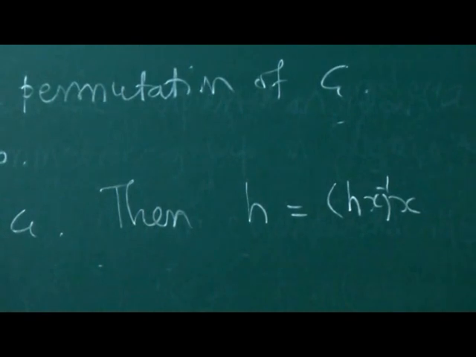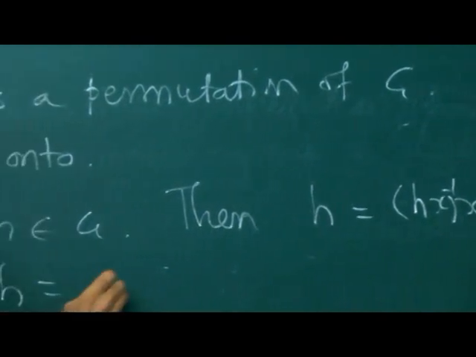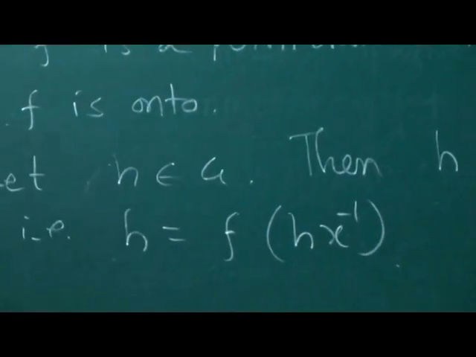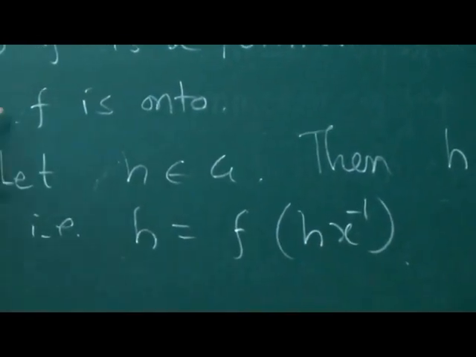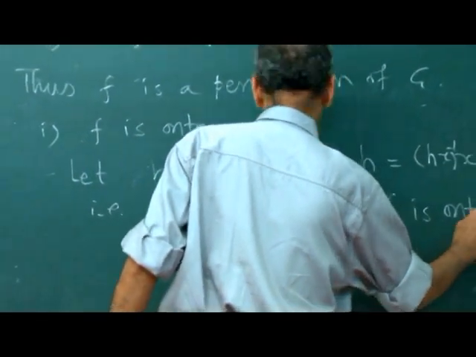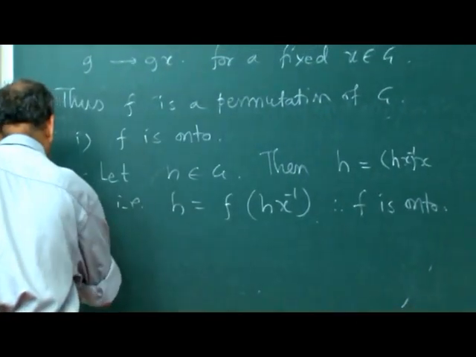That is, h is equal to f of h x inverse. So therefore f is onto. Similarly, f is one-to-one or injective.